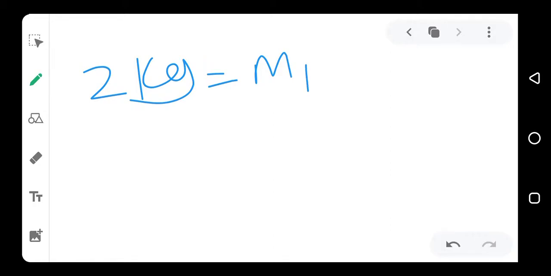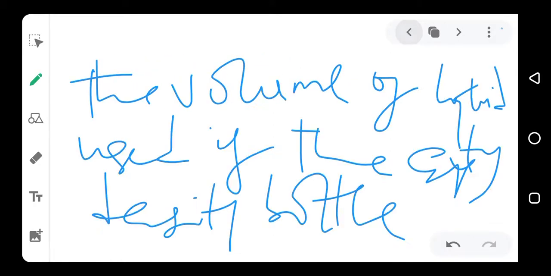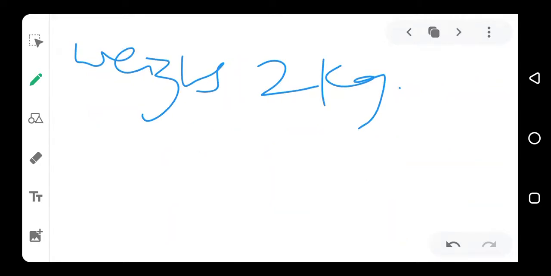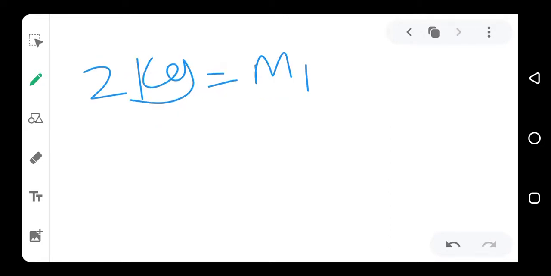So the weight of the empty density bottle is 2 kilogram.